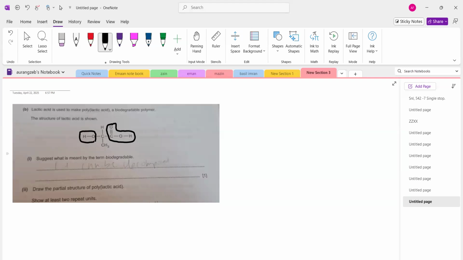So we have to focus on, or you can simply consider, the part of the molecule which will not participate in the condensation process. I have encircled that part with the red color.